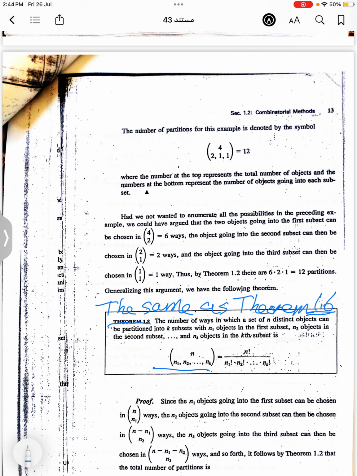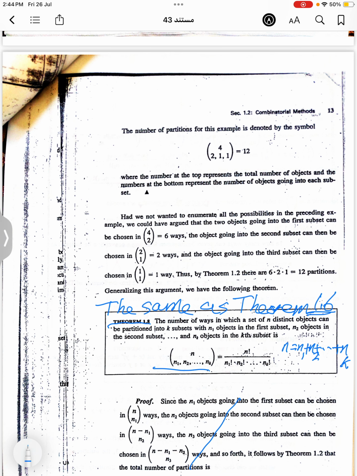The number of ways in which a set of n distinct objects can be partitioned into k subsets, with n1 objects in the first subset, n2 objects in the second, and so on. Notice you will have n equal to n1 plus n2 and so on. You must have this same condition. This is why we write n over n1 up to nk equals n factorial over n1 factorial times n2 factorial and so on.